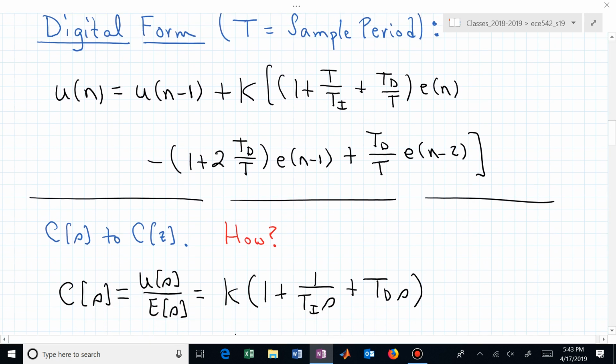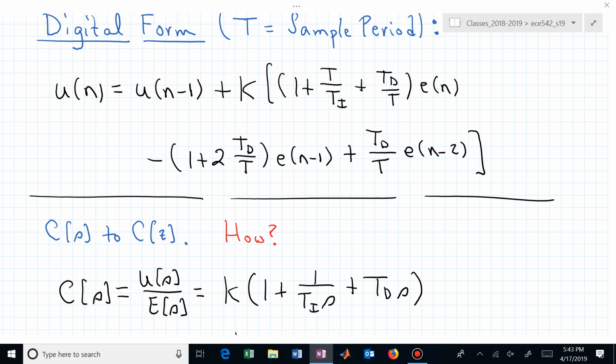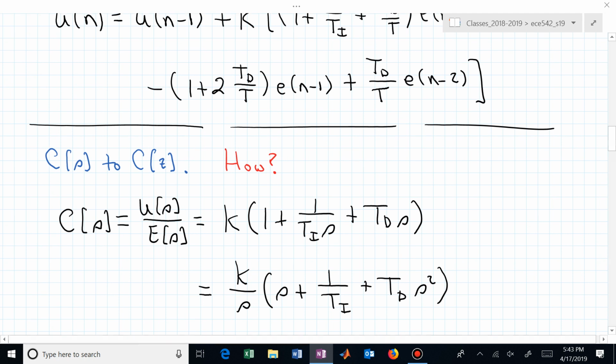But first, let's start with C of S and manipulate it into a form that's amenable to this discrete equivalent process. The way that we're going to do it here is let's factor out an integral from all of those terms and push that integral to the other side.